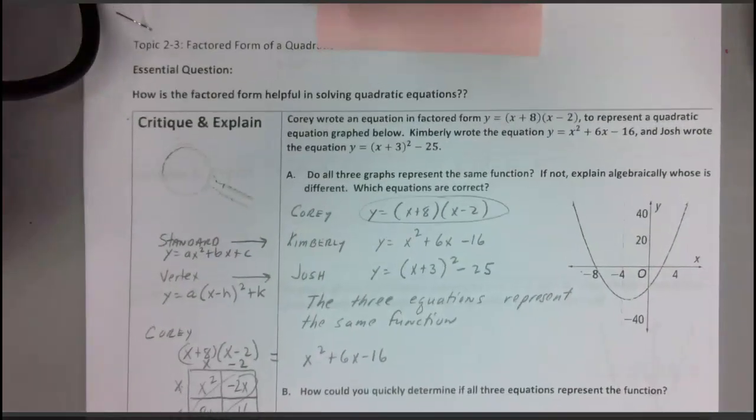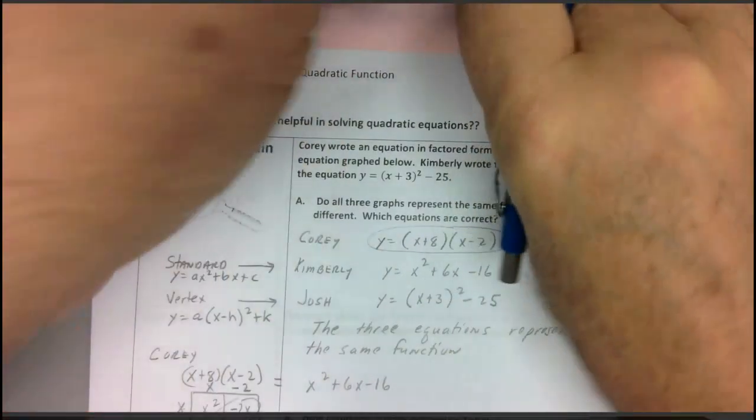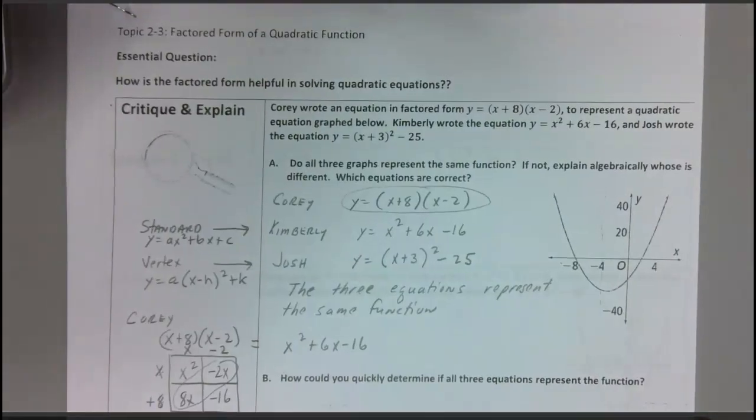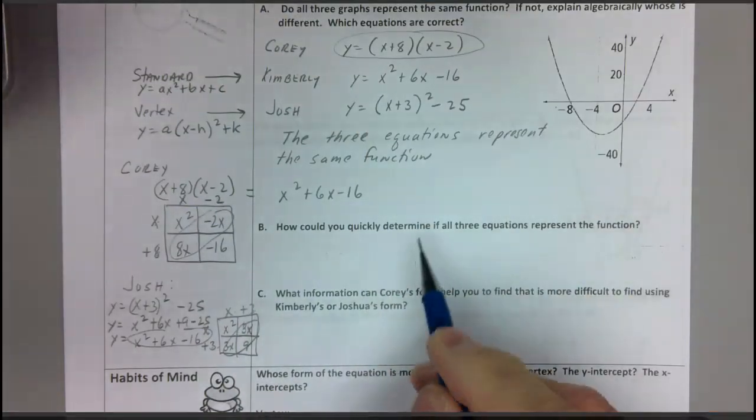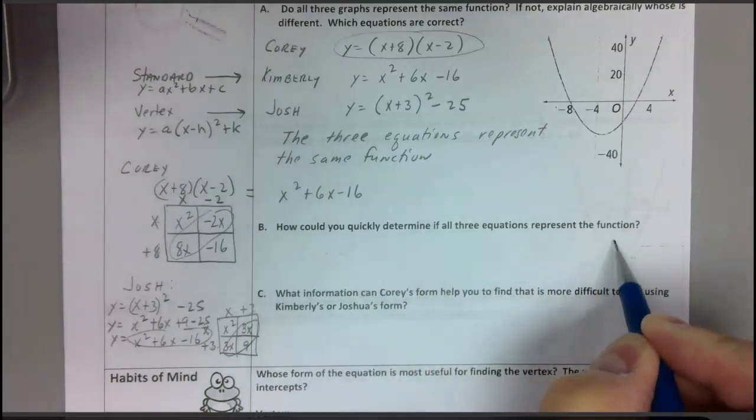Okay? Let me make this up a little bit so I can get just a little bit more. So now it asks, how could you determine if the three equations represent the same function?